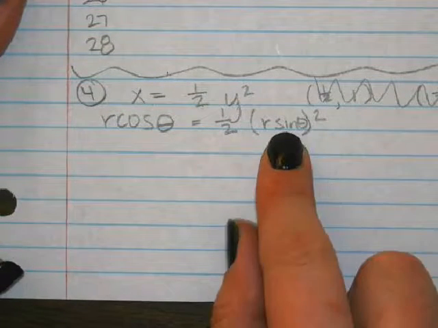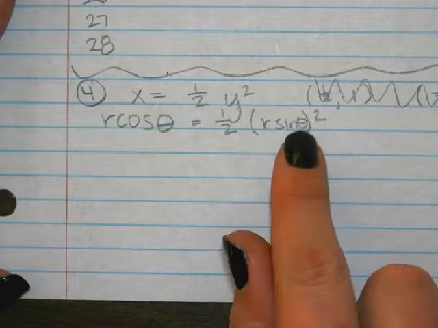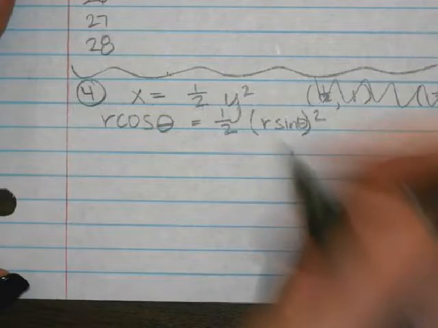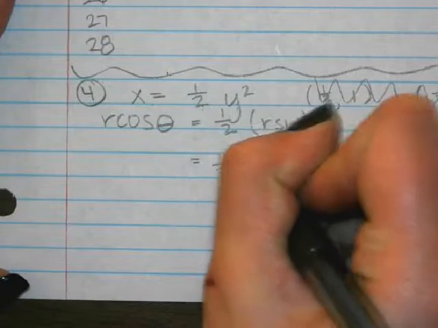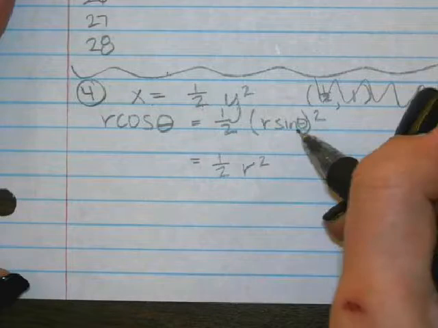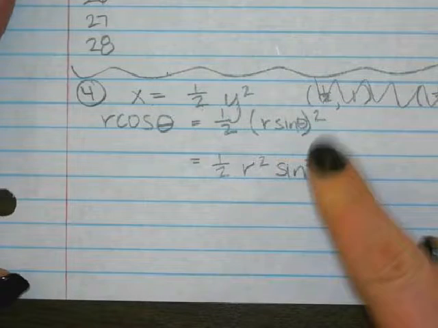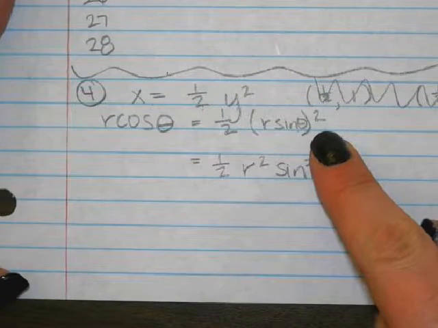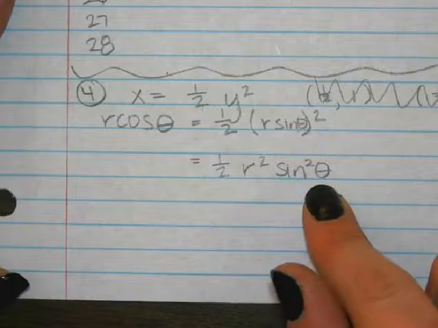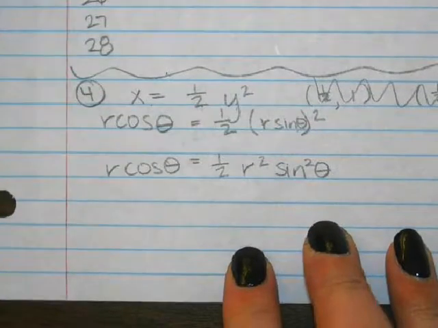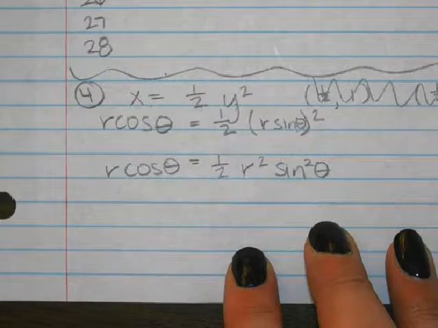All right, so let's go ahead and multiply this part out. If I had r sine theta times itself, what do I get? r squared sine squared. If I did r sine times r sine, I get r squared and sine squared. Now remember, when we are writing a polar equation, we need the r to be by itself, and typically the way we do that is by factoring.